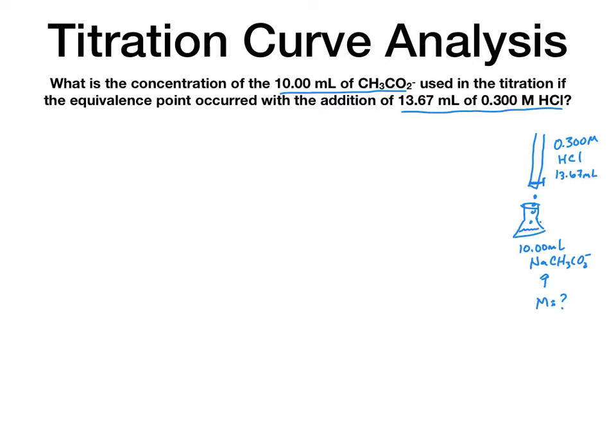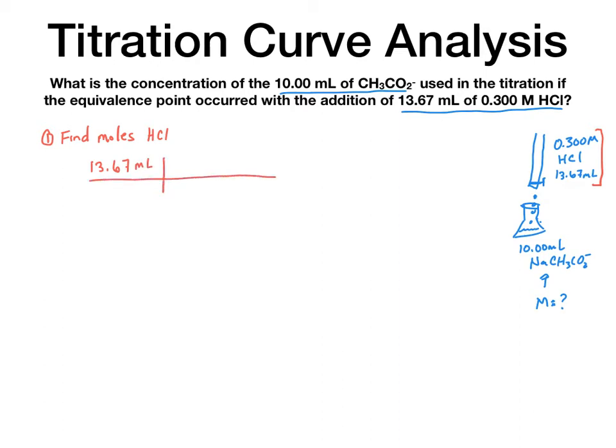To do this, the first thing we do in a lot of our problems is find the moles. It turns out that we have enough information about our HCl to be able to find our moles of HCl. We have 13.67 milliliters of HCl.